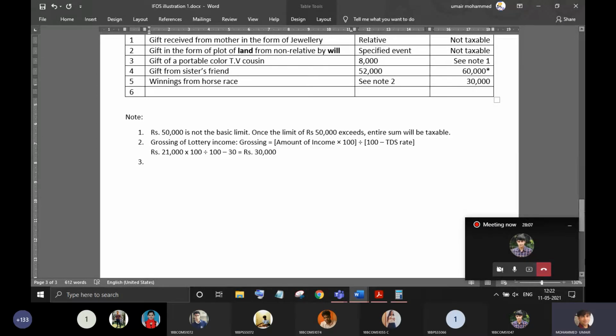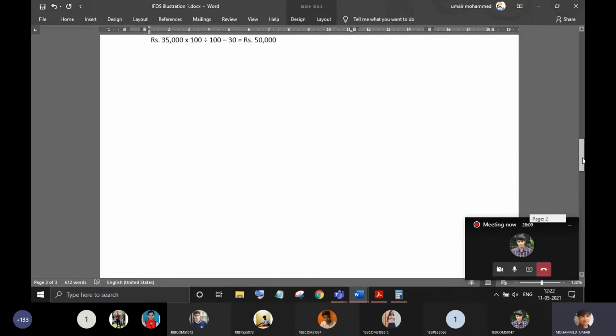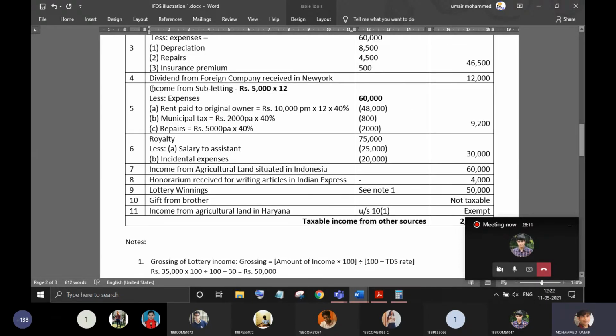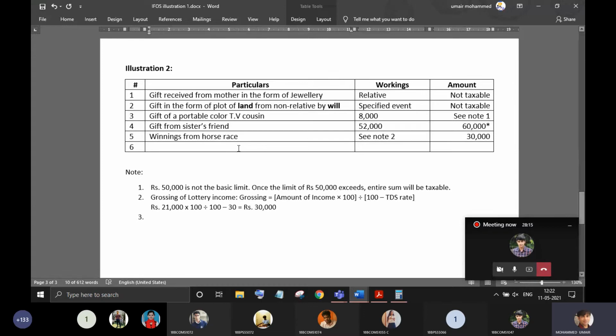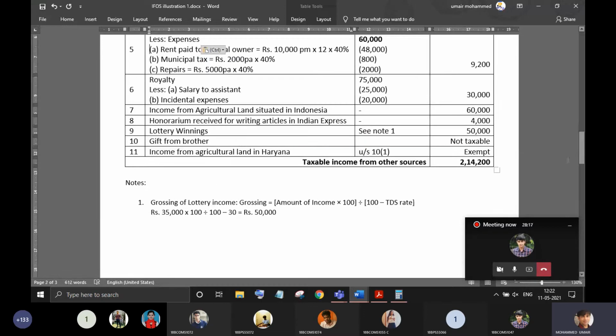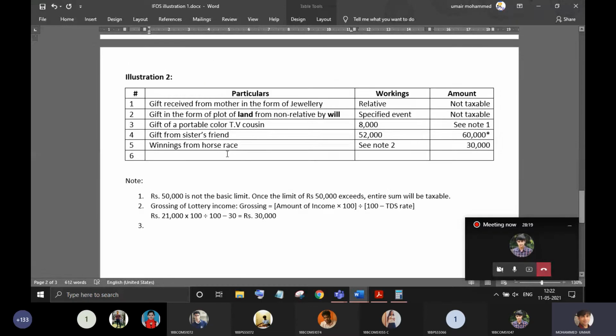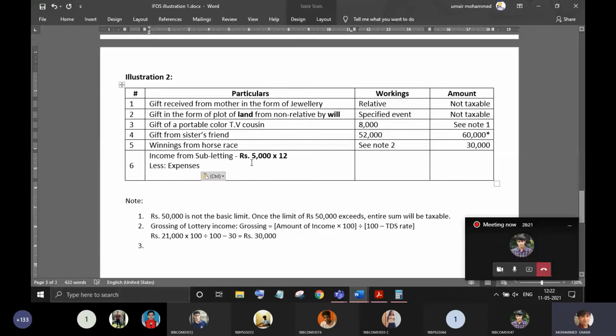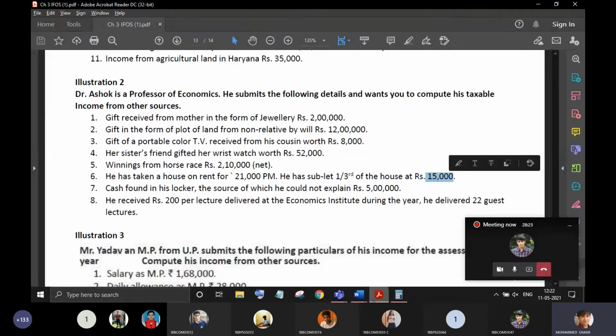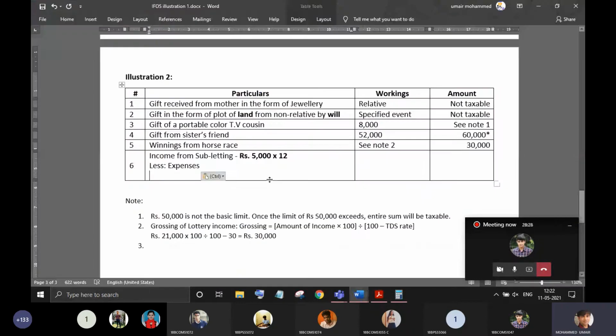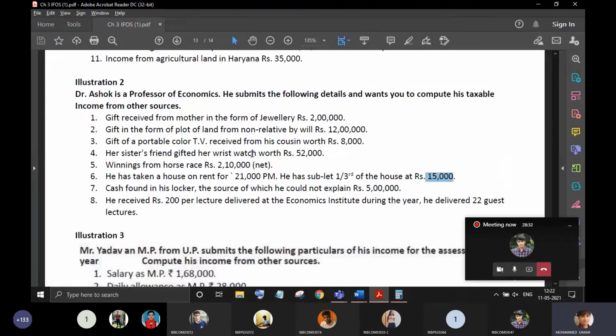So first we record what is the income from subletting, post which we deduct the expenses pertaining to it. So what is the income from subletting? He has sublet the house for 15,000 per month.